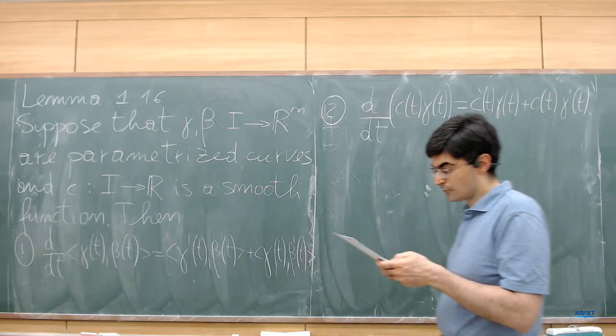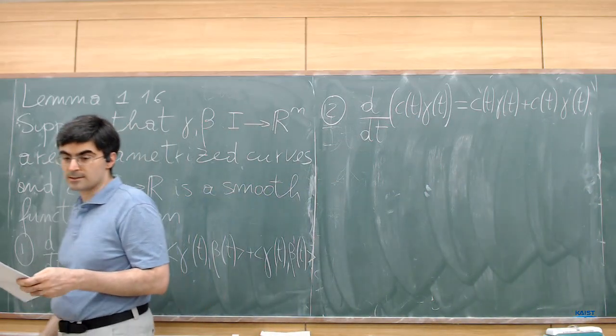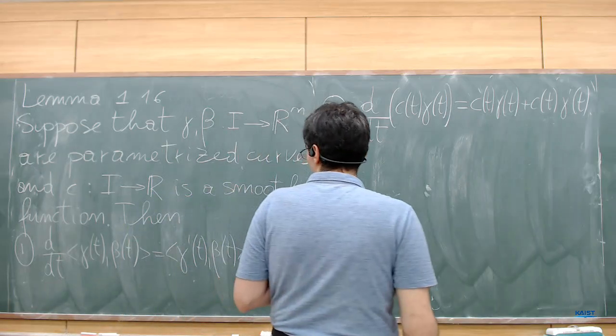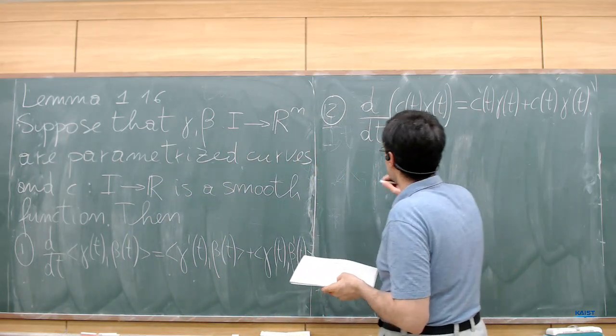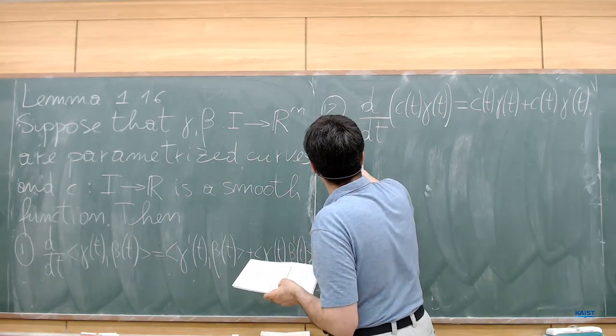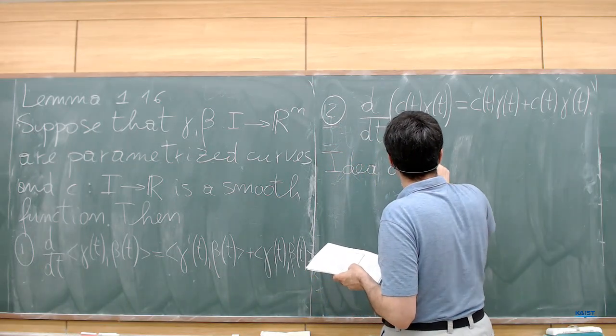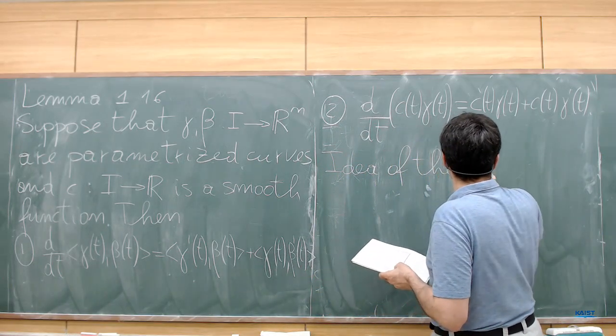The proof of these identities is very easy. I will give you the real proof.